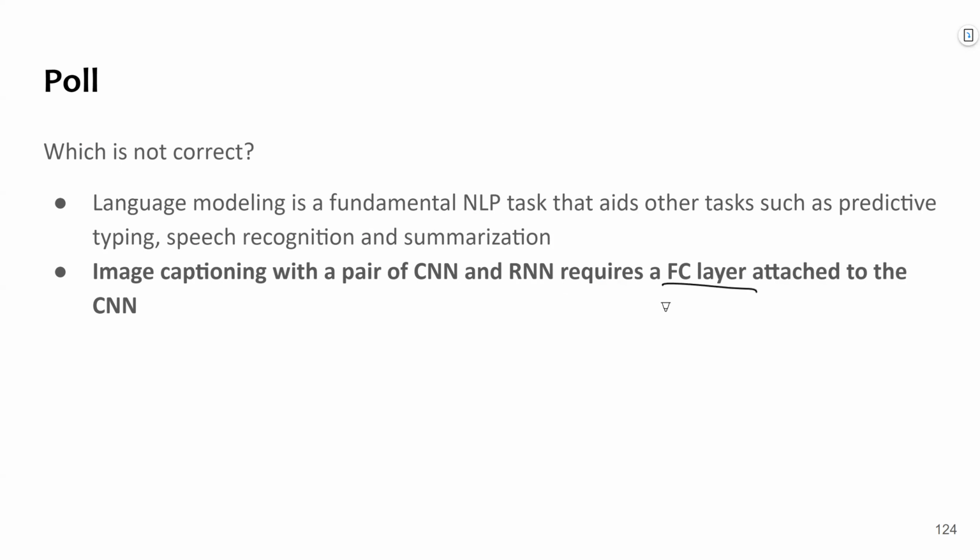In the previous example, I showed an example with two fully connected layers with the last fully connected layer removed. However, we don't need an FC layer at all. An FC layer is basically for classification in the case of CNN. Even though we don't have an FC layer, it's okay. This image captioning architecture doesn't require an FC layer.